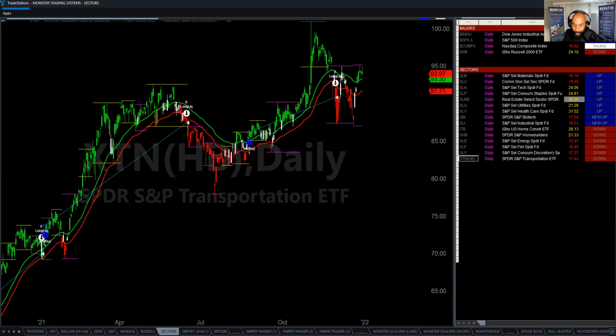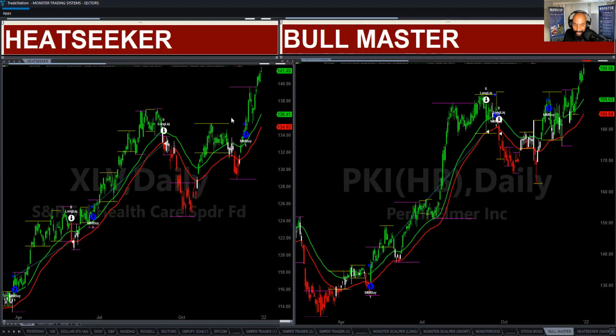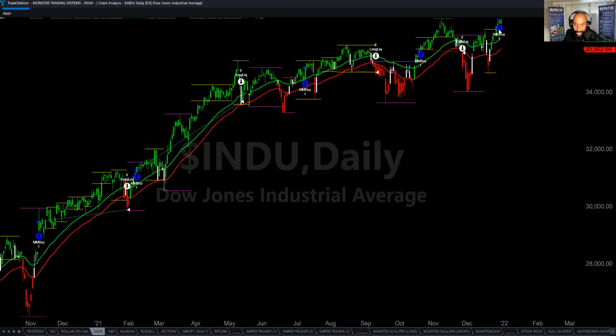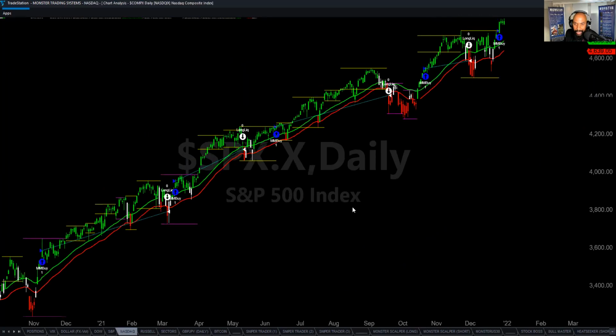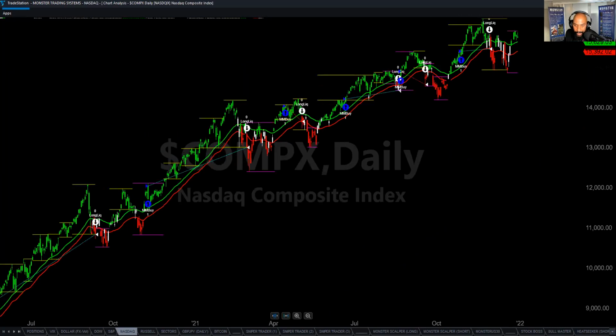So we want to get the sector right. We want to make sure that the index is up too. So the Dow, we got a buy signal on the Dow, S&P, NASDAQ is moving higher. So it's going to help his stock.